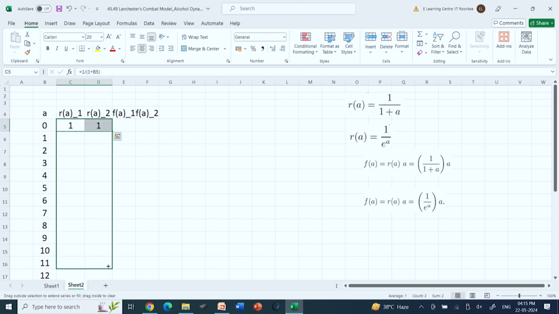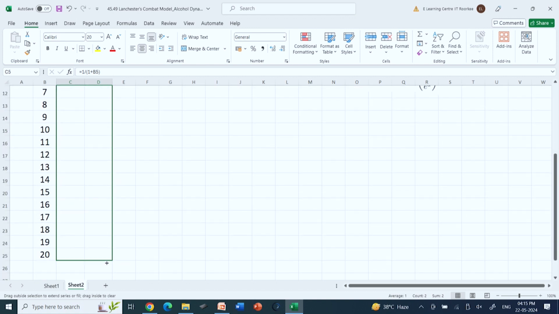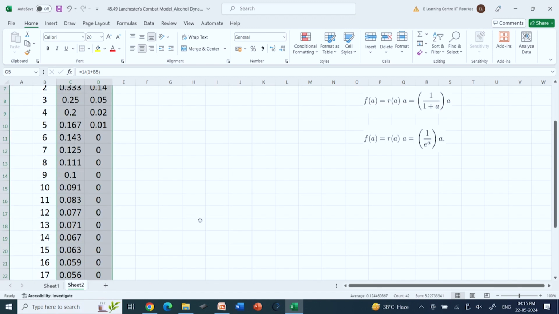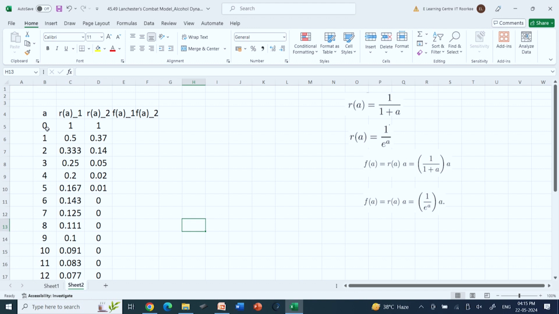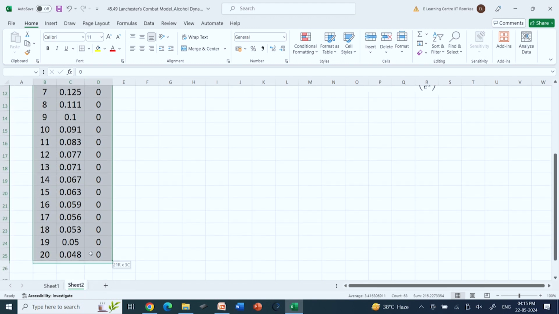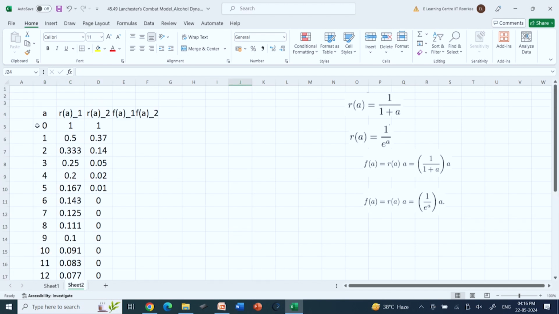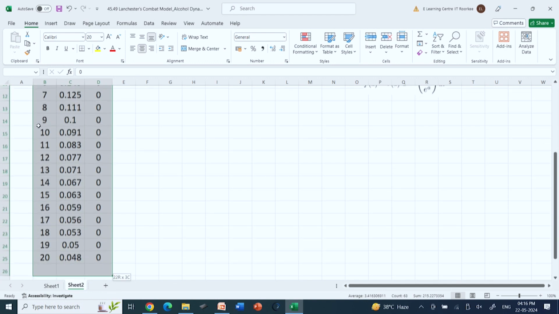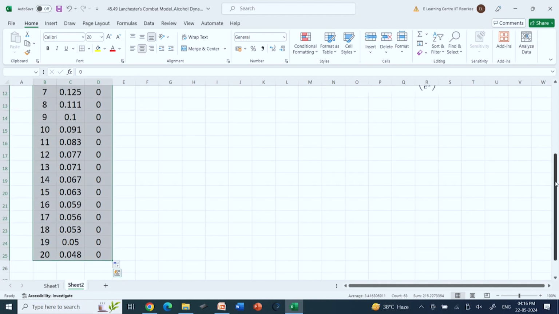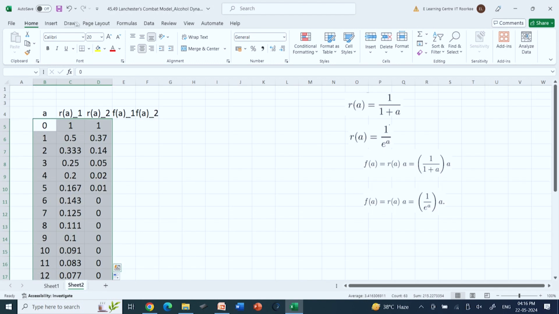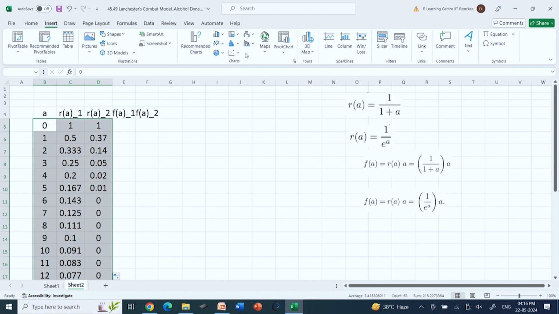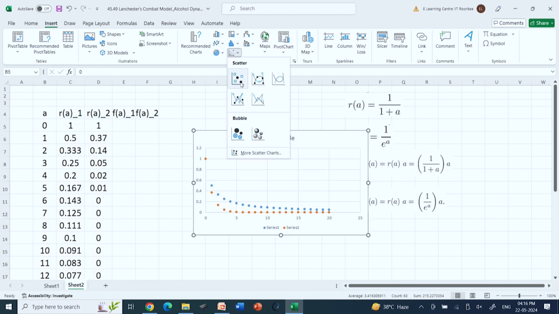Let me drag to 20 such values and you get something. Let me now plot them. So, if you highlight them using shift key, then go to insert, choose the charts and this one.